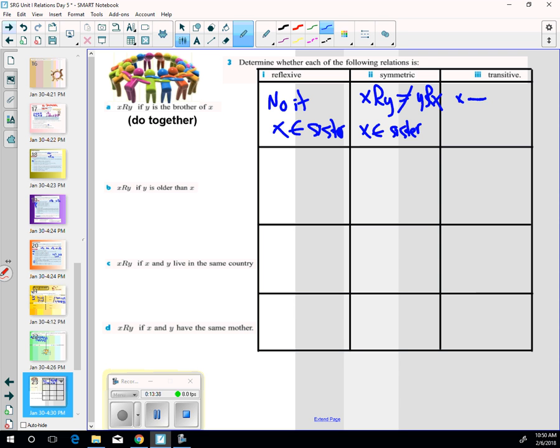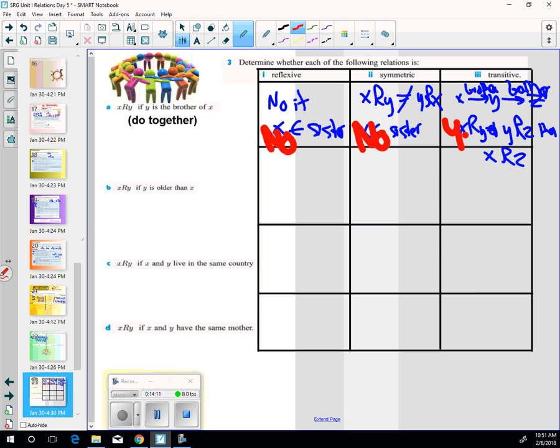X is a brother to Y and Y is a brother to Z. Brother. Brother. Yeah, they would, wouldn't they? So yes, this is going to be transitive. x R y, and y R z, then x R z. Yes. So this would be no, no, and yes.